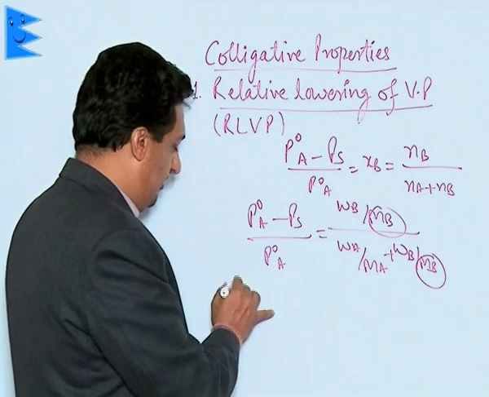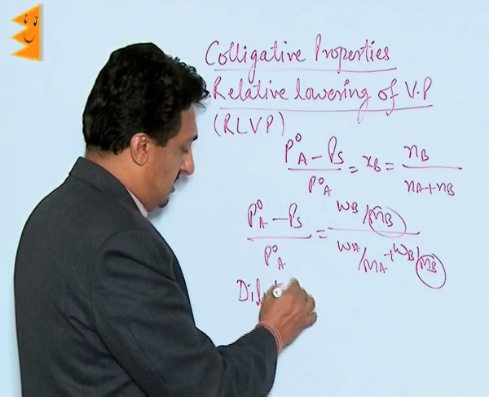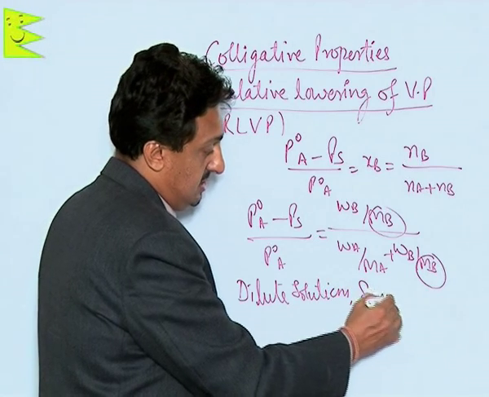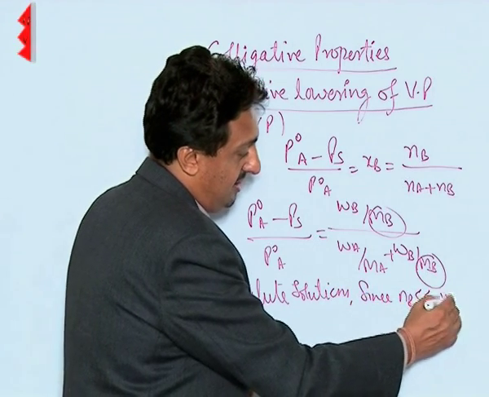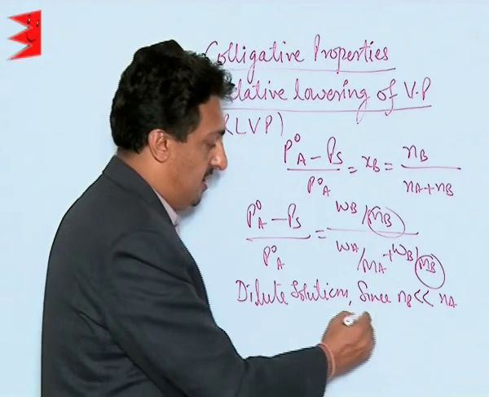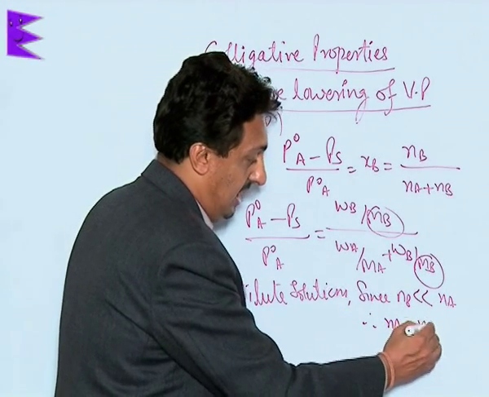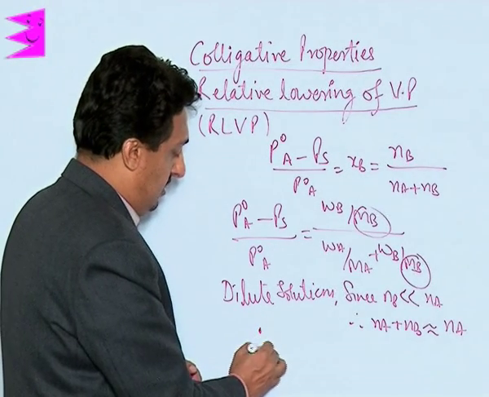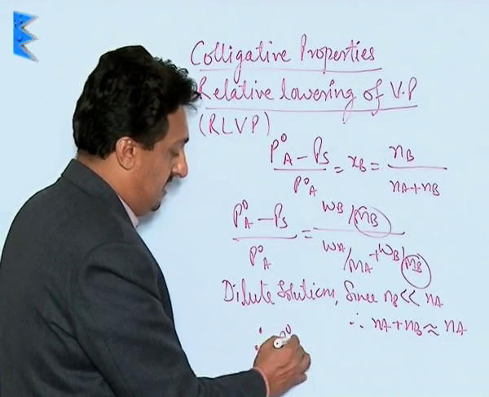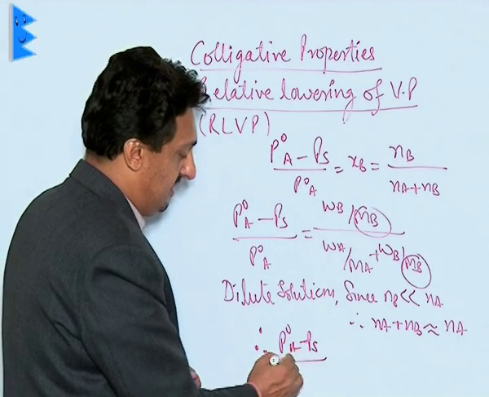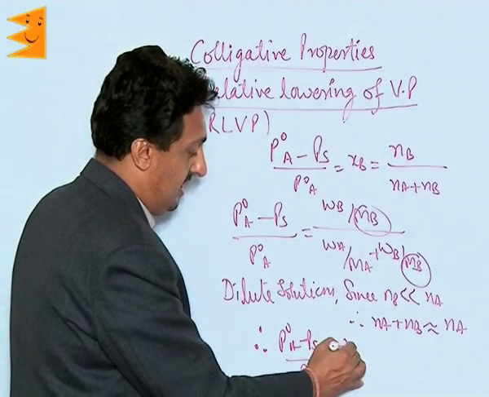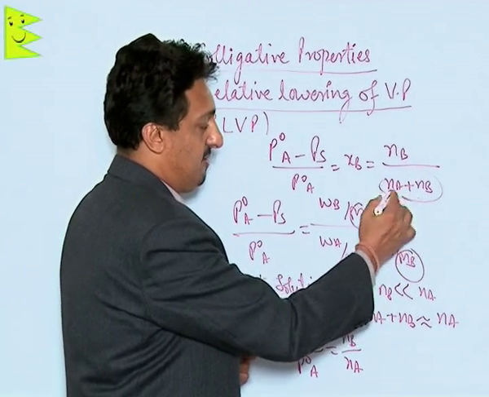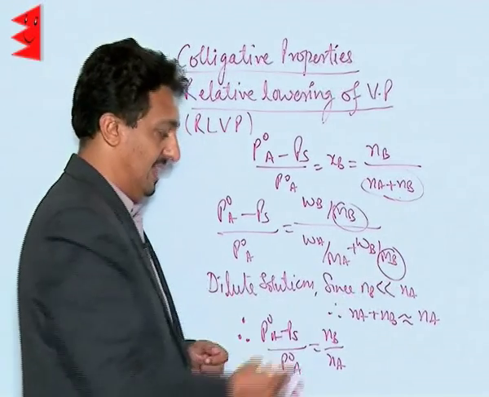Now, for dilute solutions, since Nb is very, very small in comparison to Na, Na plus Nb is always taken as equal to Na. Then your formula becomes (P naught A minus Ps) upon P naught A equals Nb over Na, because in place of Na plus Nb we put only Na.